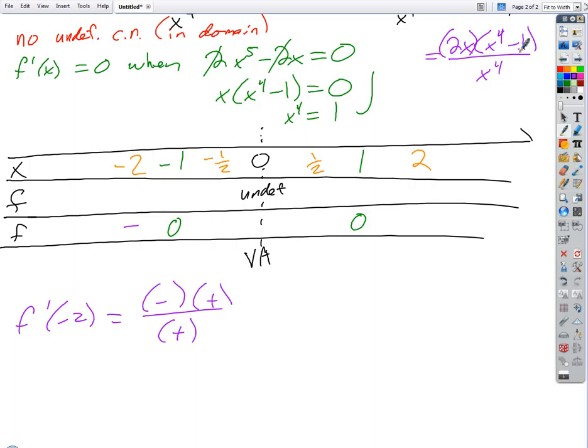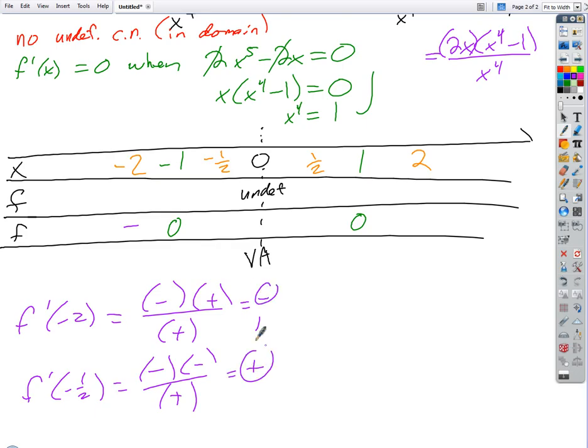Minus 1 is negative, right? So that's going to make that one negative, and then I get negative times negative, so f prime of -1/2 equals negative over positive, which is an overall sign of positive, okay?